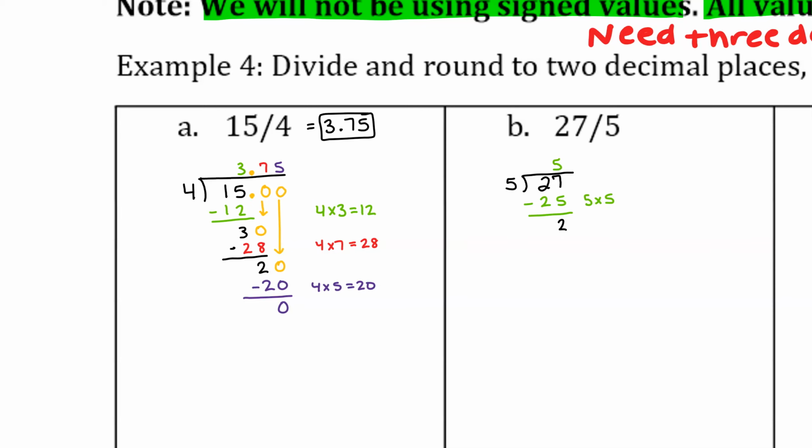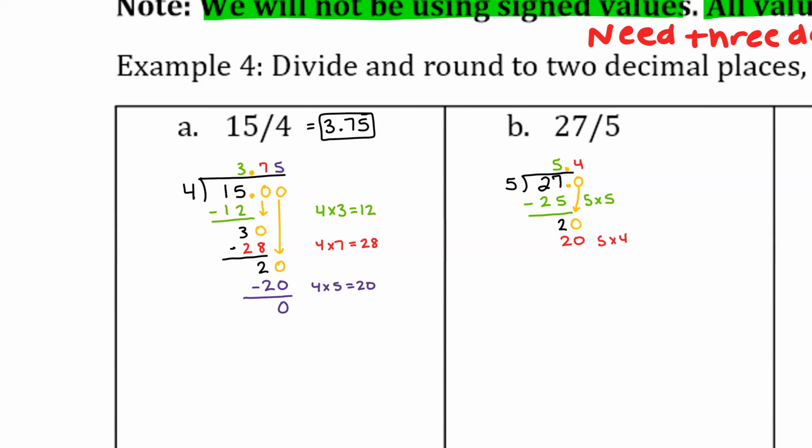Now 5 can't go into 2, so I'm going to put a decimal in my dividend and upstairs in my quotient, and I'm going to tack a 0 on, and I'm going to bring that 0 down. So I say, okay, what do I need to times 5 by to get close to 20? And I'll say, oh, that's 5 times 4.